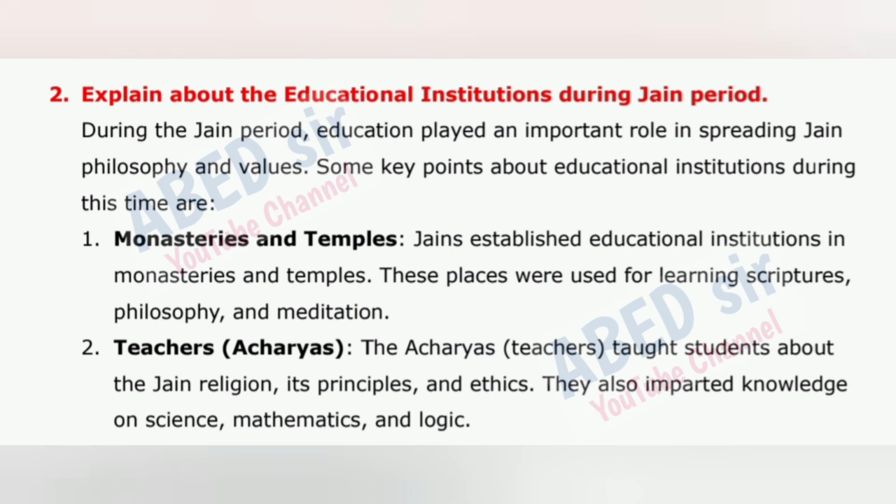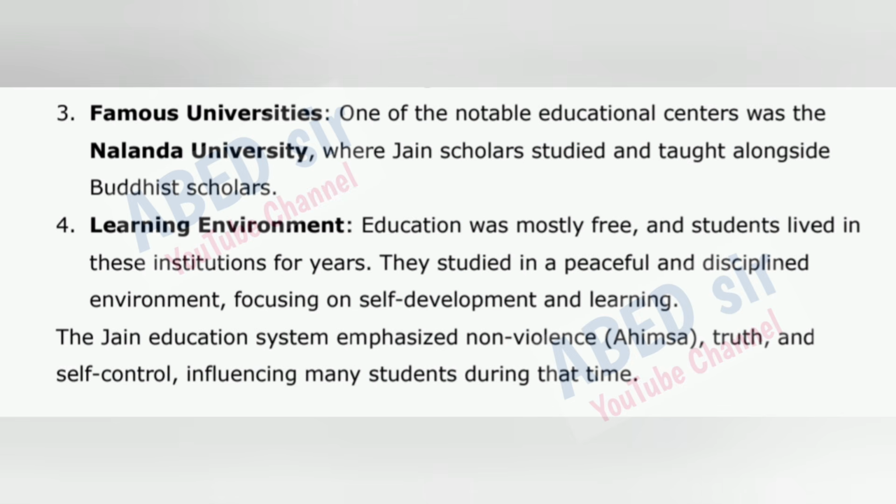2. Teachers, Acharyas. The acharyas, teachers, taught students about the Jain religion, its principles and ethics. They also imparted knowledge on science, mathematics and logic. 3. Famous universities. One of the notable educational centers was the Nalanda University, where Jain scholars studied and taught alongside Buddhist scholars. 4.